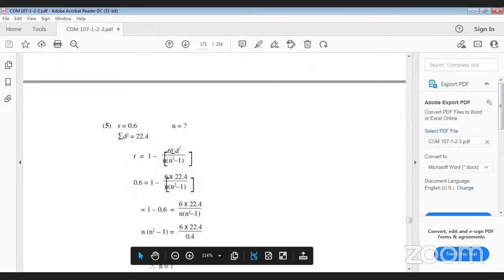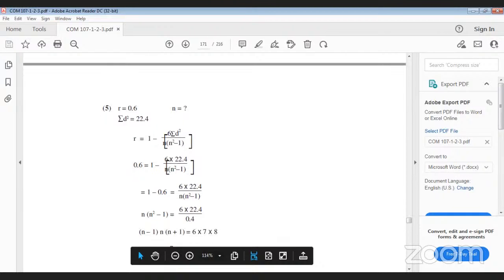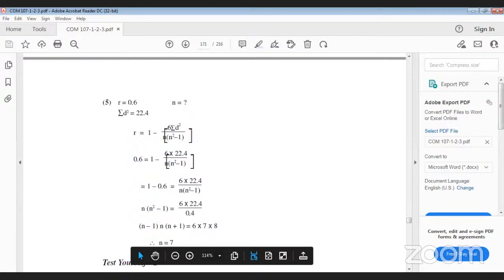Then here you will find that N into N square minus 1 is equal to 6 multiplied by 22.4 upon 0.4.